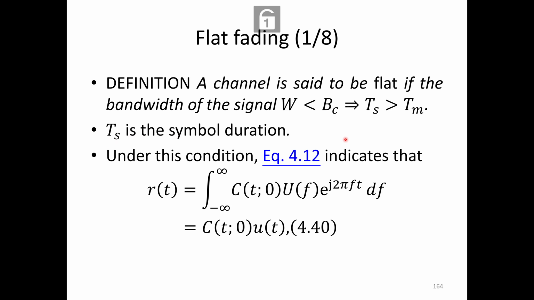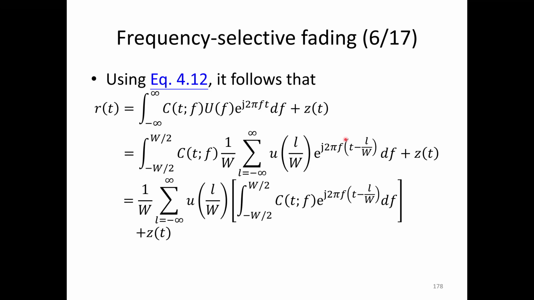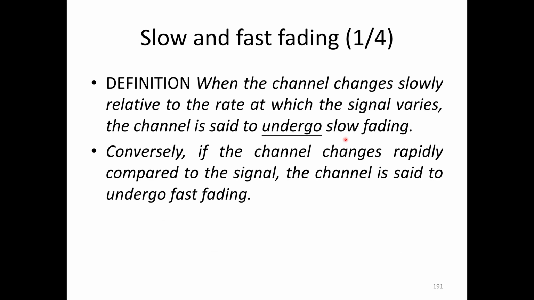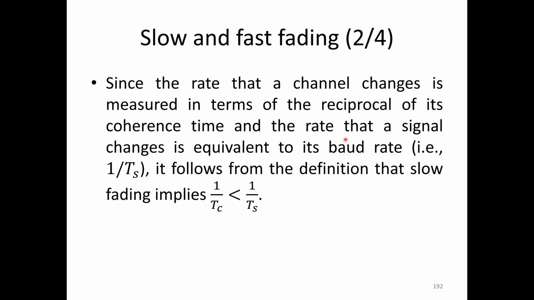Let us go back to page 92. So Ts is the symbol duration. It follows from the definition that slow fading implies 1 over Tc, where Tc is the coherence time, is smaller than 1 over Ts.